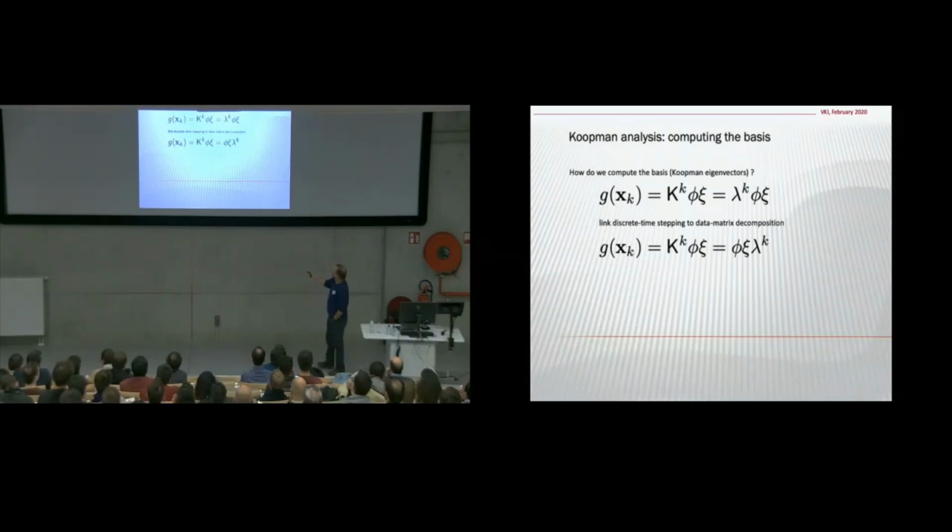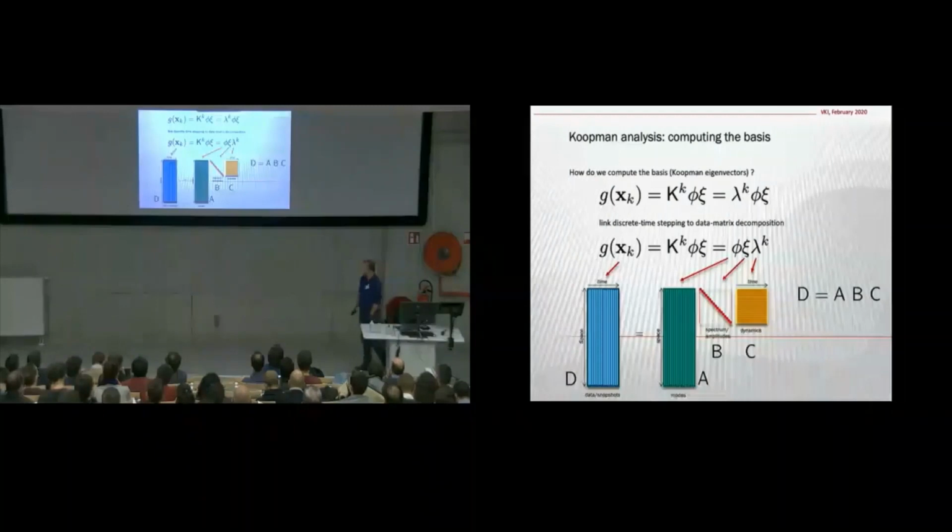The Koopman operator is applied k times in a row to generate all the data matrices. This is my observable, just expressed as Koopman functions. And that is Koopman eigenvectors times psi, the amplitudes in that basis of my observables. And lambda to the k is more or less doing the time stepping for me. This is the only one that has a k power, so it must be responsible for getting from time step to time step, generating all the snapshots.